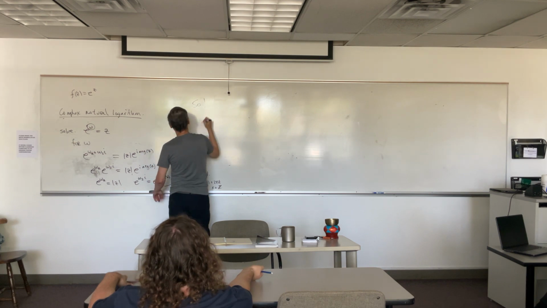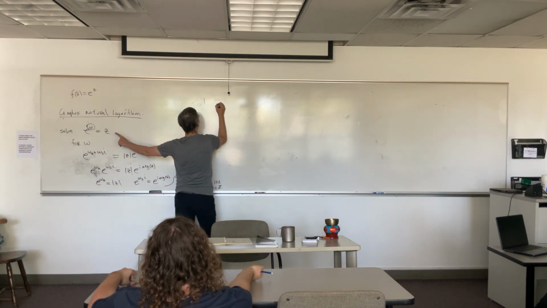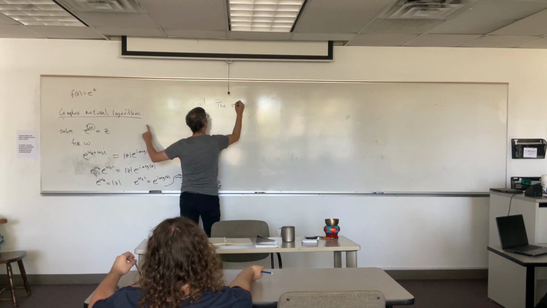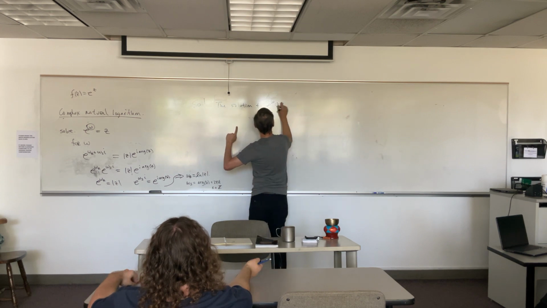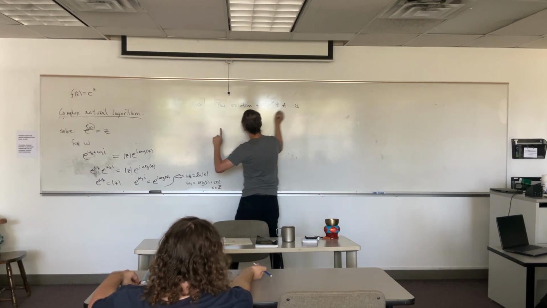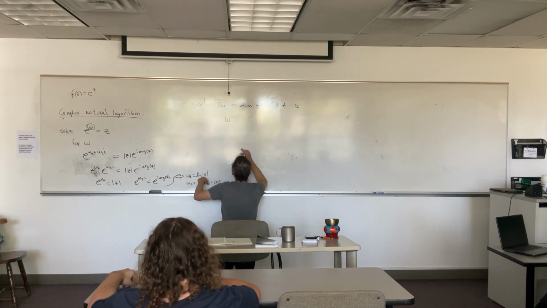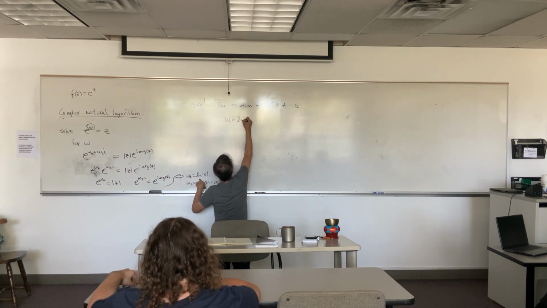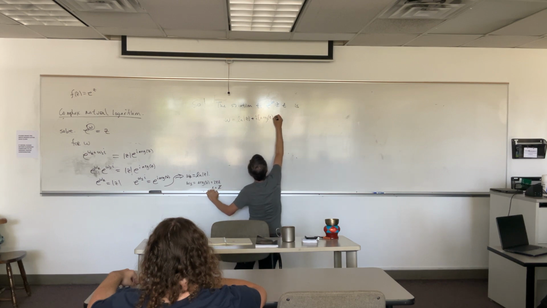So, exclamation point. The solution to e to the w equals z is w equals the natural log of the modulus of z, that's the real part, plus i times the arg of z plus 2 pi k.